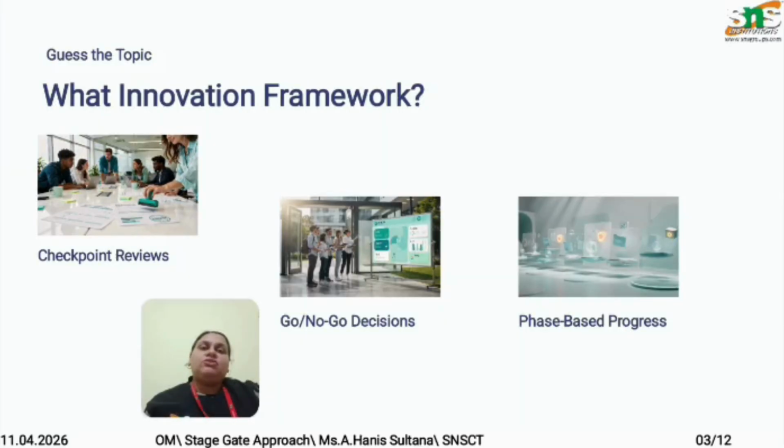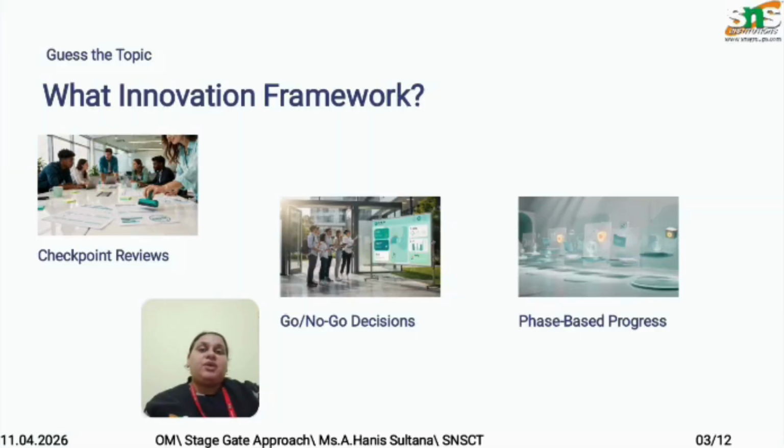Here is how the innovation framework is brought into the implementation process. First we have checkpoint reviews. Then and there in the production process we have to give a checkpoint: what is our review at this stage, and until the next stage where it has reached. And we have go/no-go decisions: whether we can step ahead with this point, or shall we conclude, or shall we stop here.